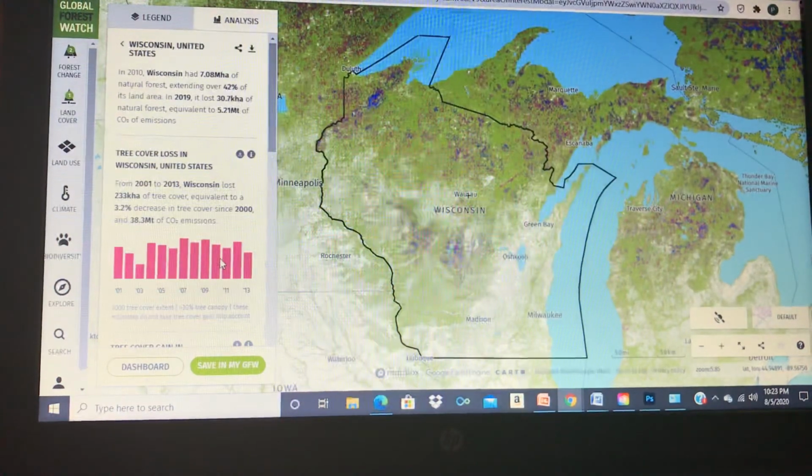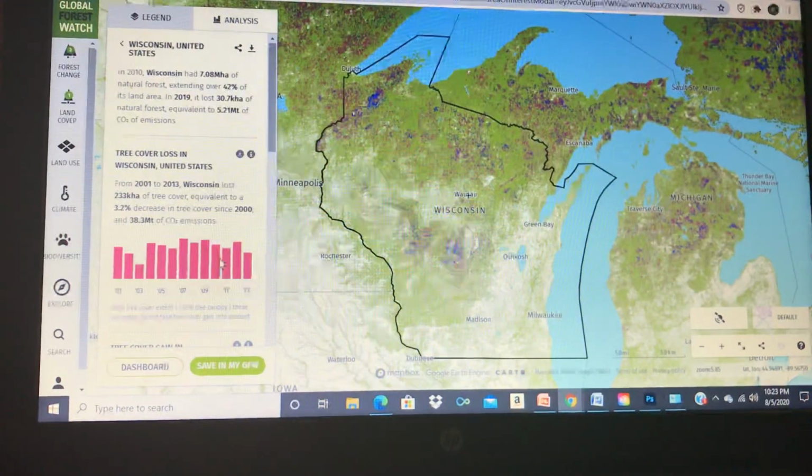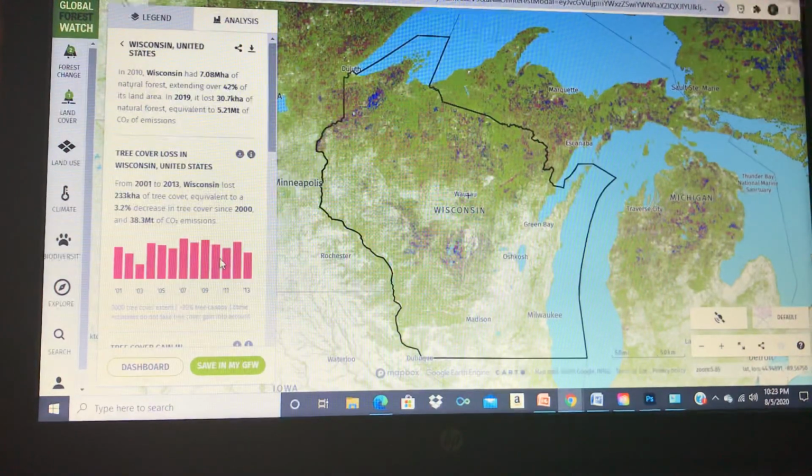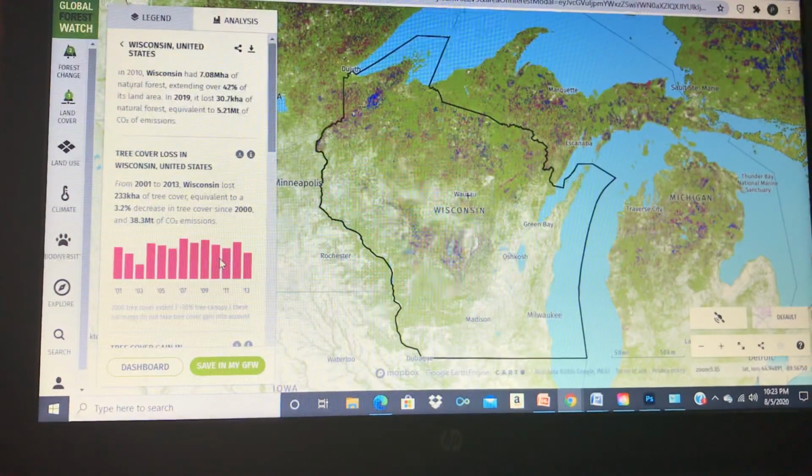So it's going to tell us that from 2001 to 2013, Wisconsin lost 233 KHA of tree cover, equivalent to a 3.2% decrease in tree cover since 2000. So that is crazy. We have lost a 3.2% decrease in tree cover since 2000. That, 2.3% or 3.2% doesn't sound like a lot, but it is. That's a lot of forest that we've lost.